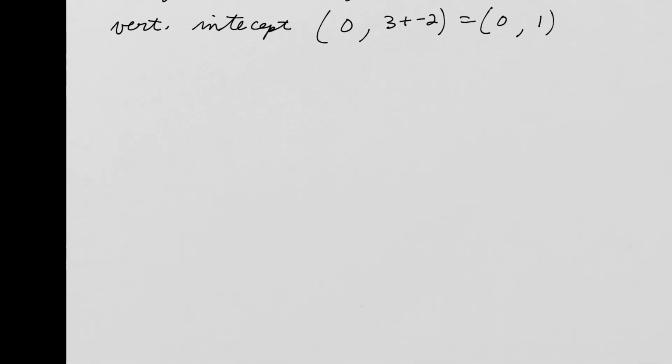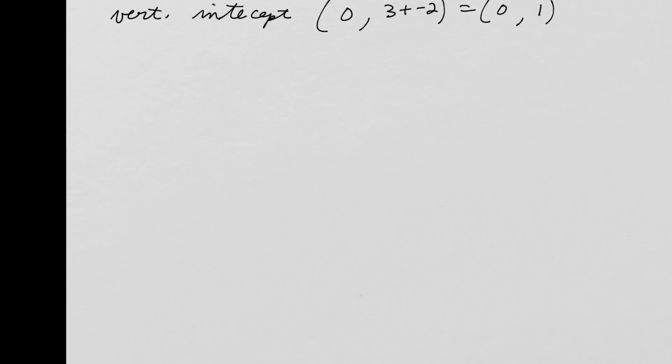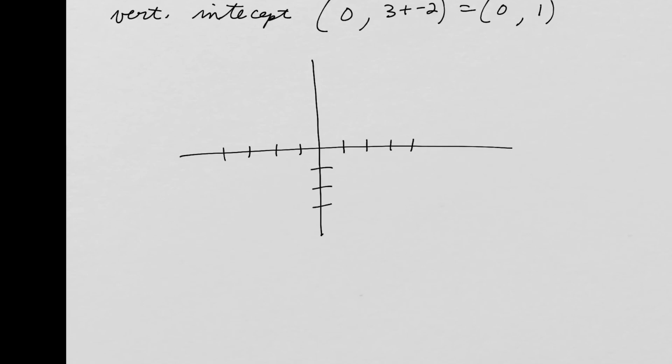So just as a sketch, this is x, this is f of x. Again, we know that there is a horizontal asymptote of y equals -2. So I'll just dash this in here.